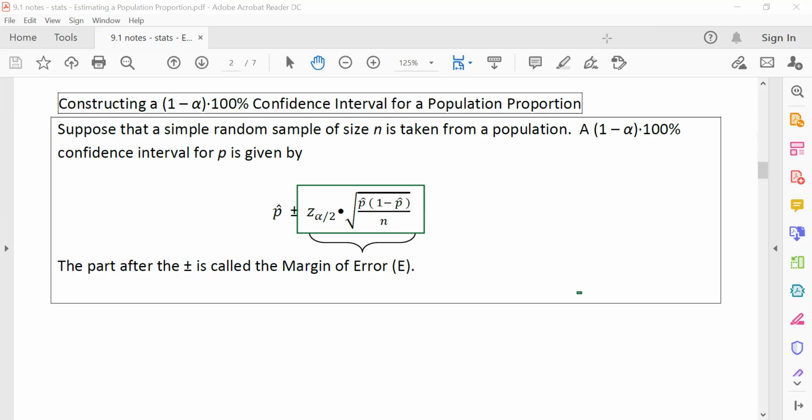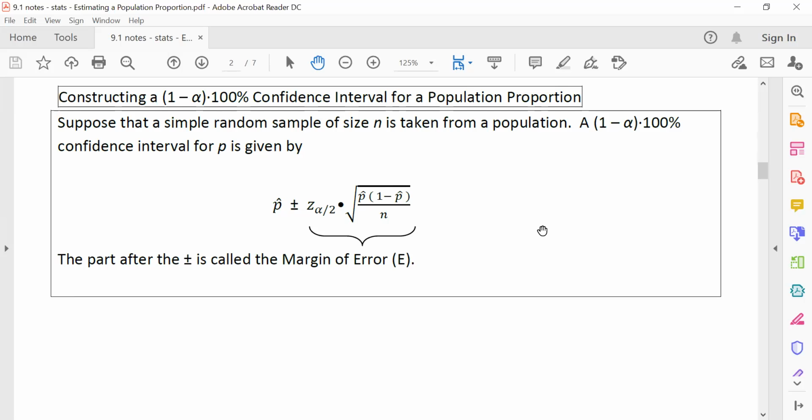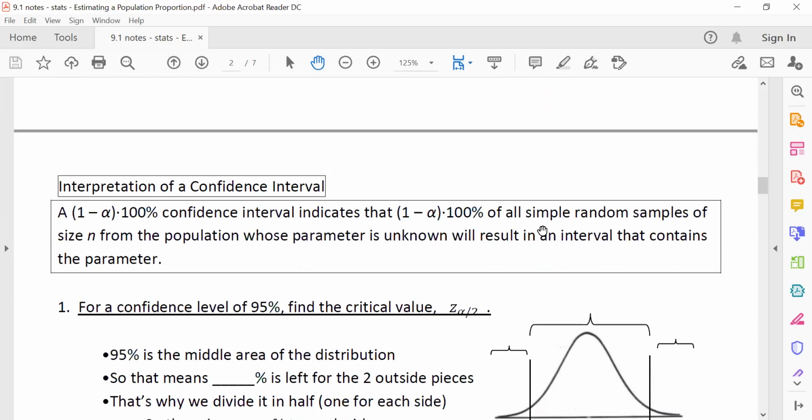It's kind of hard to explain, but basically, if we take a sample of a given size and compute it over and over and over again, we expect that 95% of the time, the true population proportion that we're trying to measure will fall into our confidence interval. That's really the interpretation.